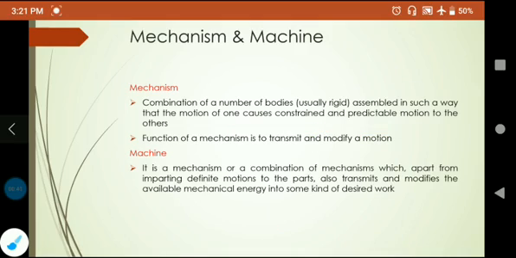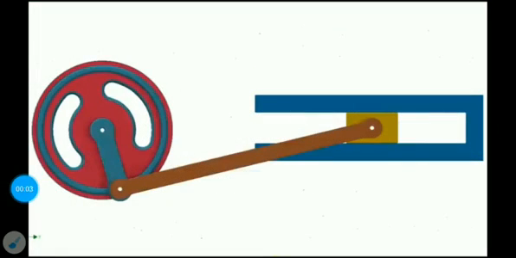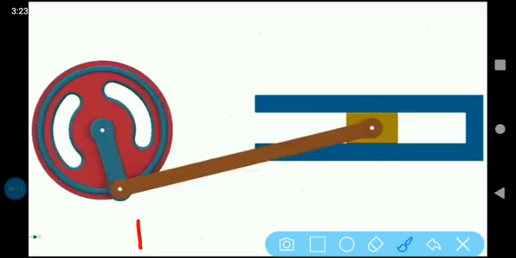One of the simplest mechanism that we can encounter is a slider crank mechanism. A slider crank mechanism consists of 4 parts. One is the frame, then you have the crank, the second part. The crank is connected to the slider, which is a piston, by a connecting rod, which is the third part, and the fourth one is the piston, or in kinematics we call it as the slider.